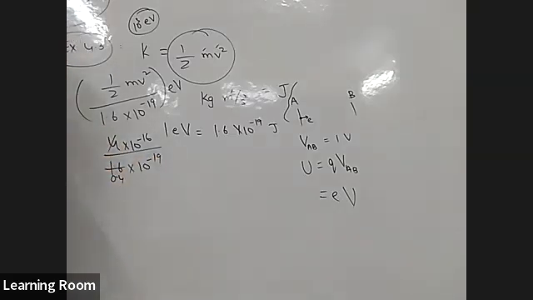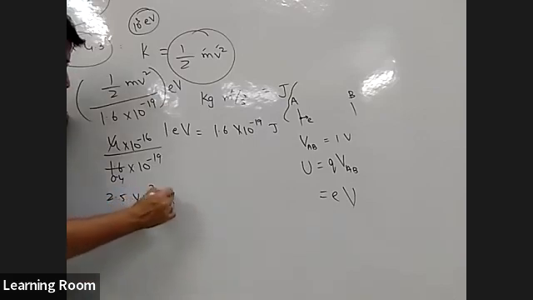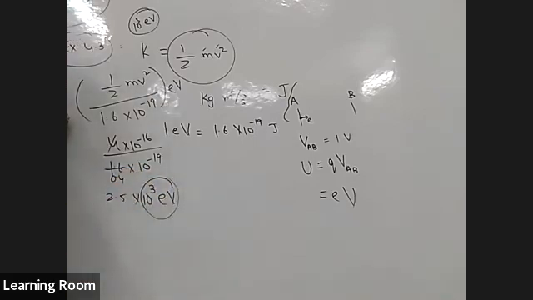So 1 divided by 0.4, or I can write it as 10 by 4, right? So 2.5 into, it goes to the numerator, 10 power 3 electron volt, so it should be 2.5 into 10 power 3 electron volt, or 2.5 kilo electron volt.